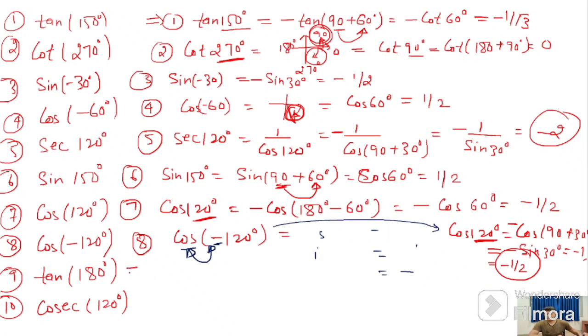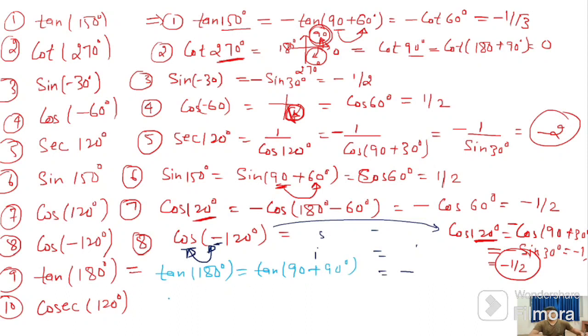Moving further, tan 180 degrees equals tan of 90 plus 90.